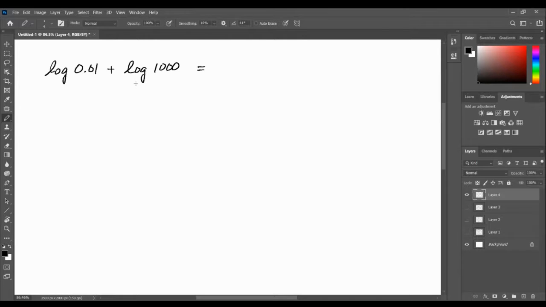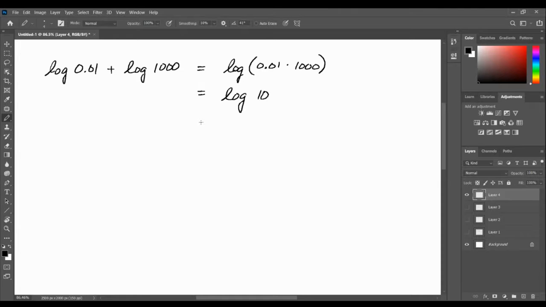Now, product rule says I can combine these into a single logarithm because it's a sum of logs with the exact same base. And so this would become the log of 0.01 times 1,000, which is, let's see, 0.01 times 1,000, you move the decimal over twice, 10.